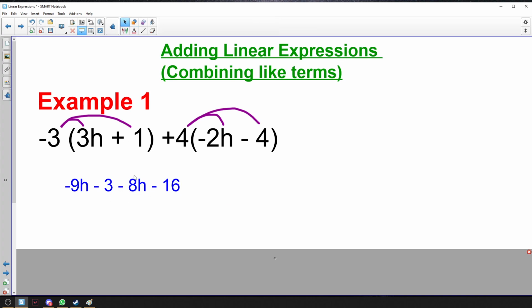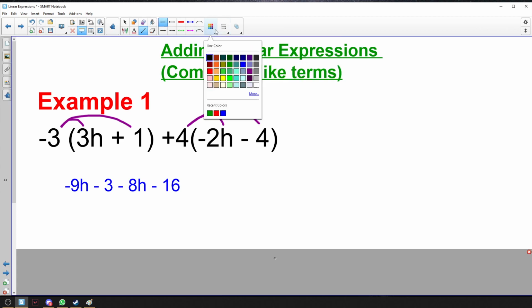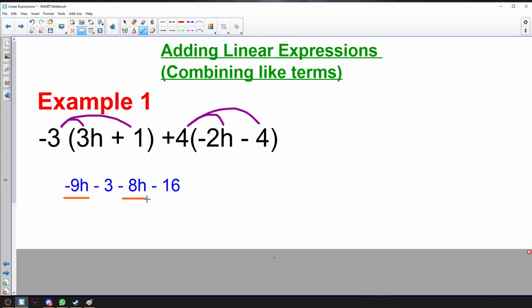Okay, I'm not done yet. After I've shown my working out, I need to then combine the like terms. My like terms are minus 9h and minus 8h. And my other ones, which I'll do in black, are minus 3 and minus 16.